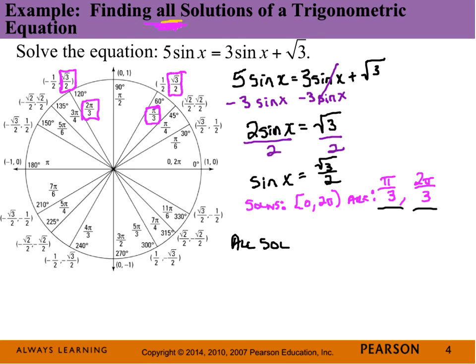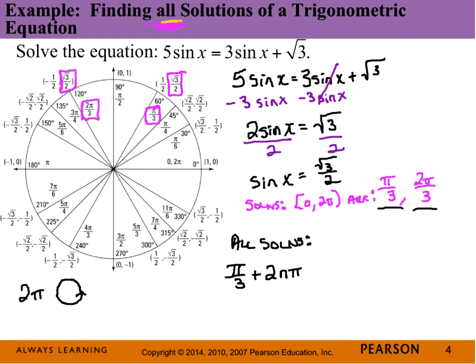So all solutions, we have pi over 3, and as long as I'm making some amount of full rotations through the plane, so the 2 pi makes one full rotation through the circle there. The n says I can do that as many times as I want to. So some multiplying by some integer n.